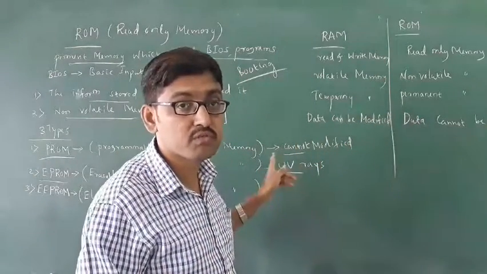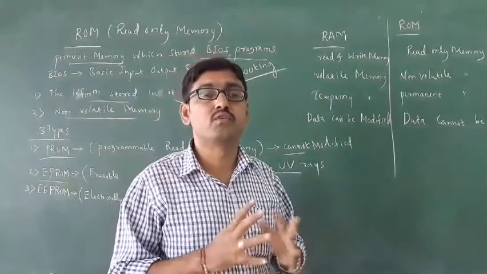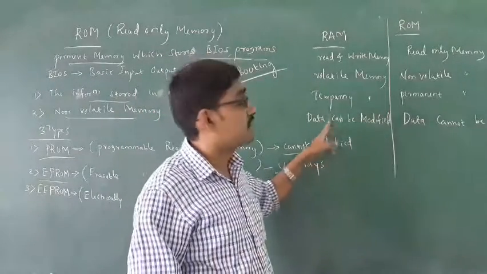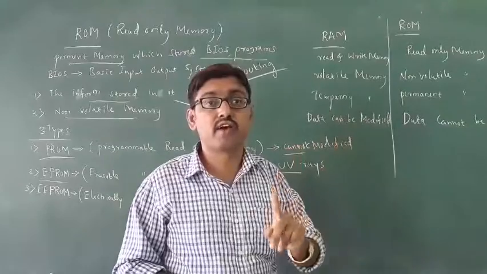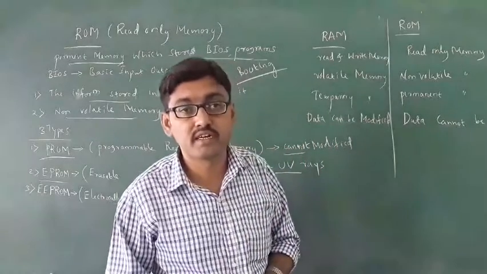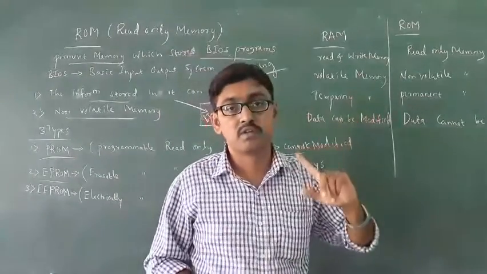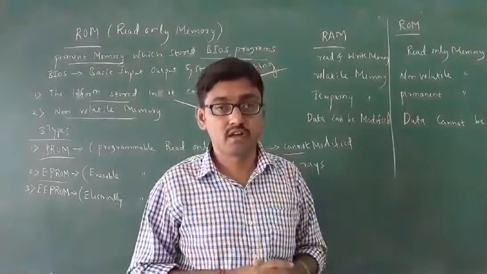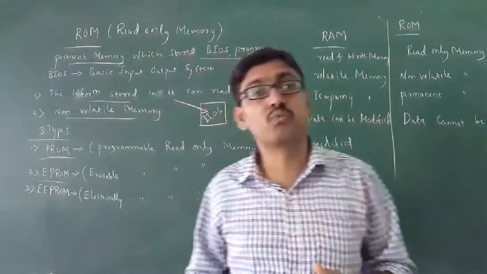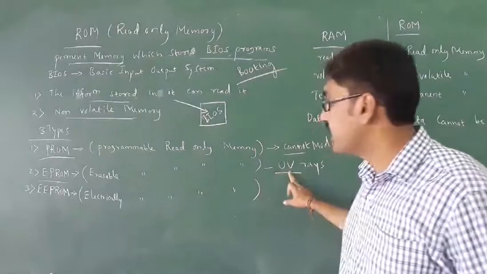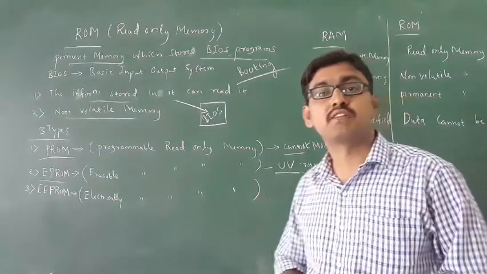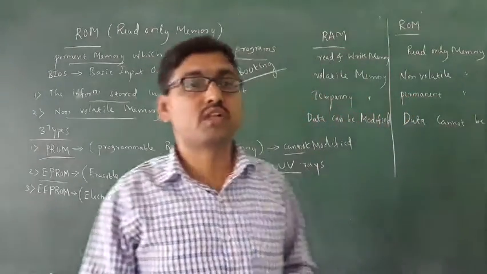It permanently stores BIOS programs. You have to remember this. In RAM, data can be modified, but in ROM you cannot modify the data. You can, but by using UV rays or by passing current electrically. This is the difference.